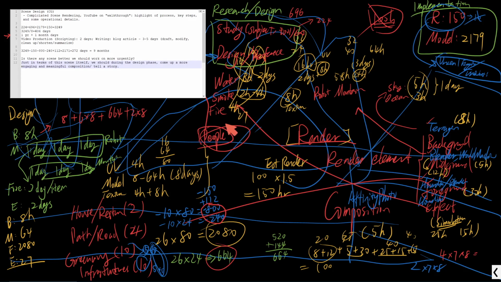And we need to model them, somehow find assets for them. Not animation, definitely not animation, but we need to pose them. So that will take some time. So it brings us back, let's say, 1 year. This is a 1 year rendering.